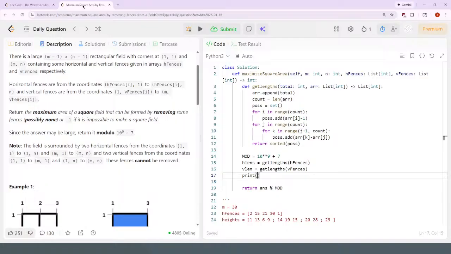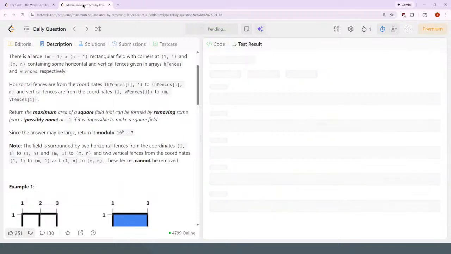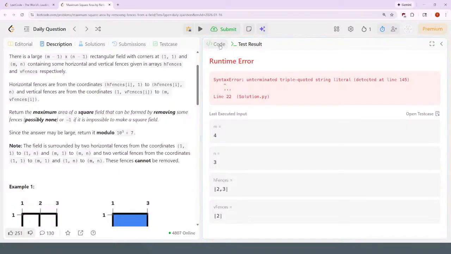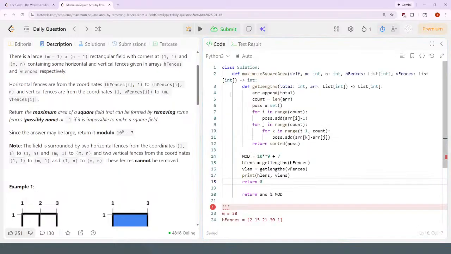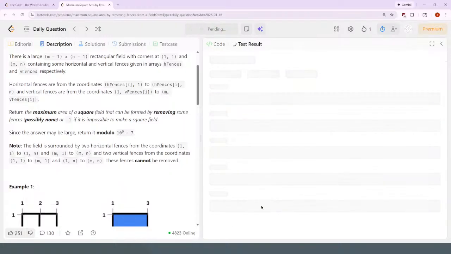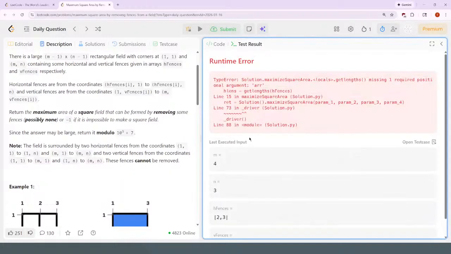And let's go and print out those things, see if it works. Unterminated triple-quoted string literal. Whoopsie. Missing a positional.